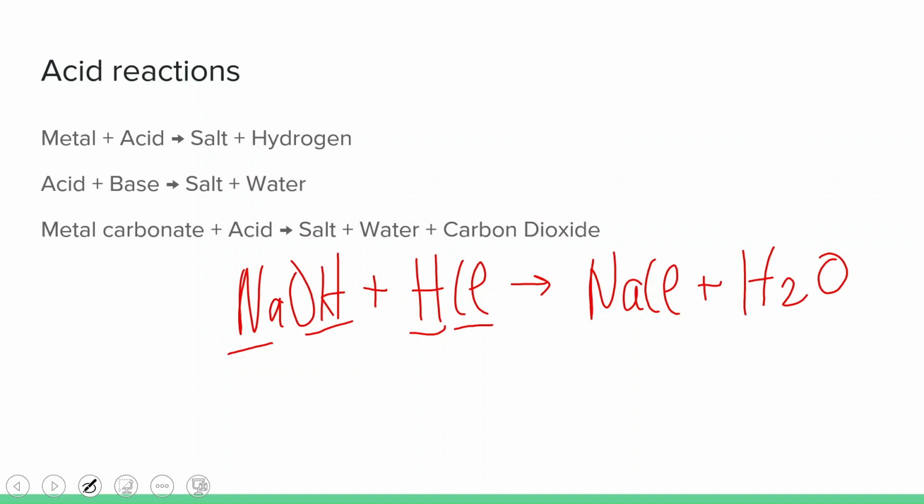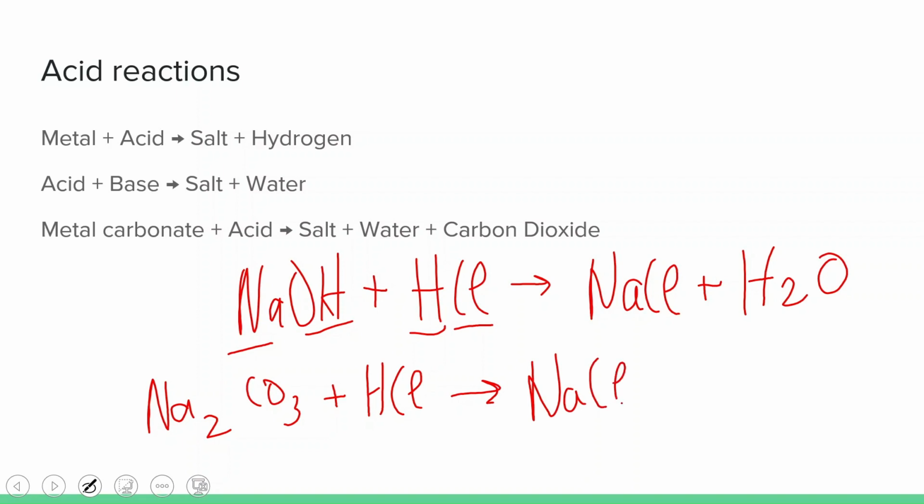That is a reaction which is known as neutralization. Now, metal carbonate plus acid. Let's take sodium carbonate, Na2CO3, plus acid, again hydrochloric acid. This will give me NaCl, sodium chloride, plus carbon dioxide plus water. Those are the three reactions that we need to know for acids.